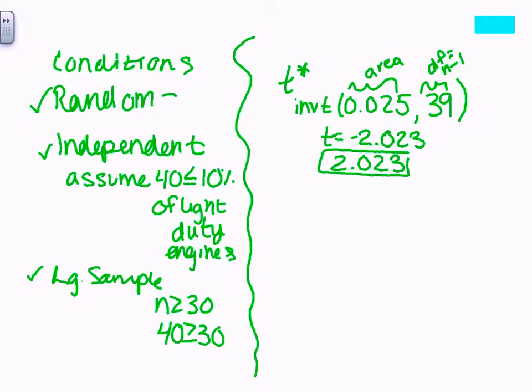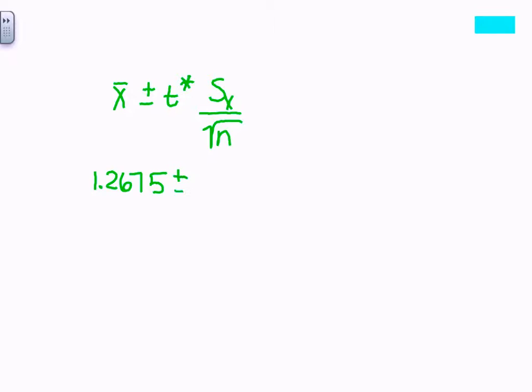Let me just get to the next, so I have a nice blank slate. Our sample mean plus or minus our t critical value times the standard error of our mean. They gave you your sample statistic was 1.2675, plus or minus. I just found my t critical value of 2.023, and my sample standard deviation was 0.3332, and my sample size is 40.